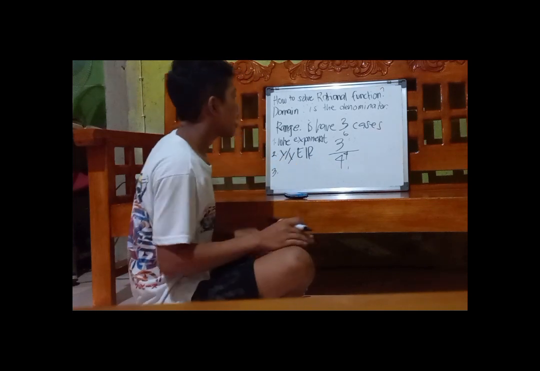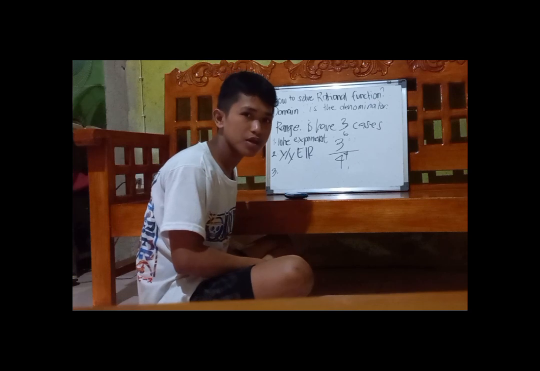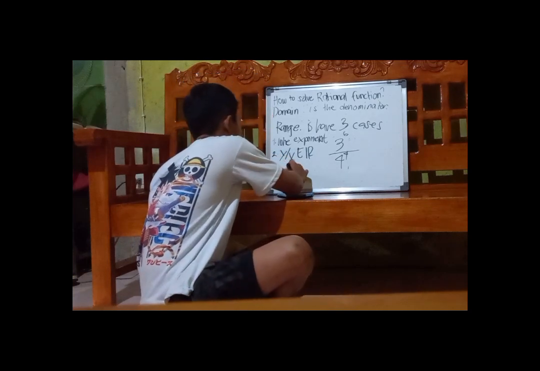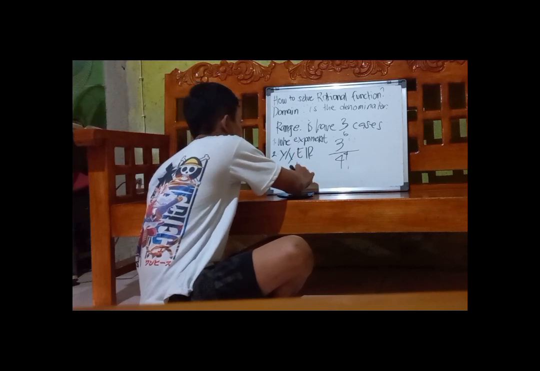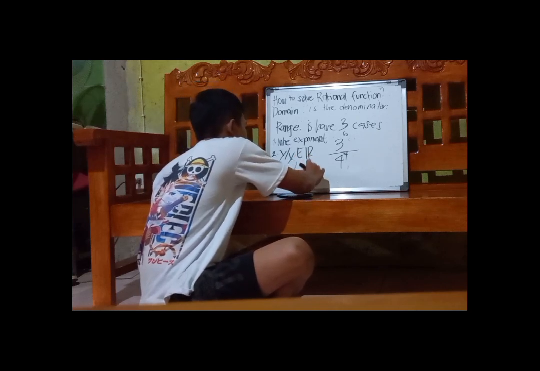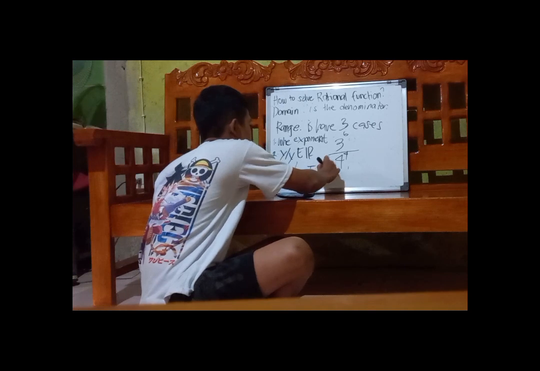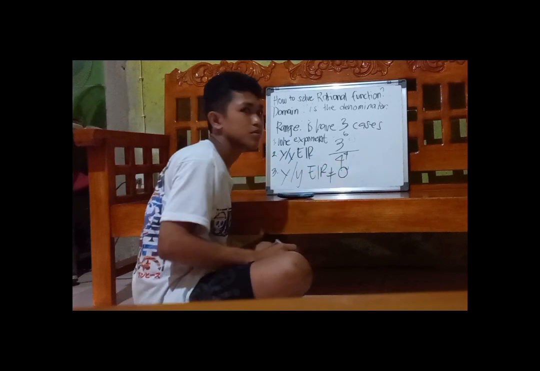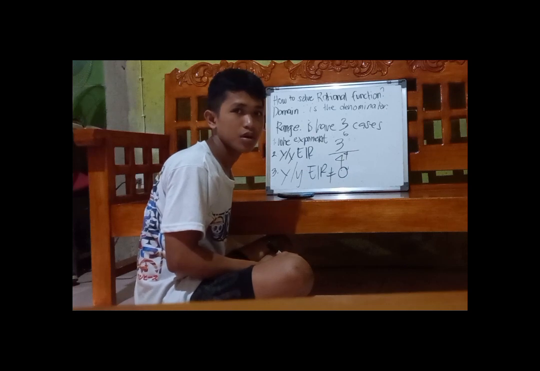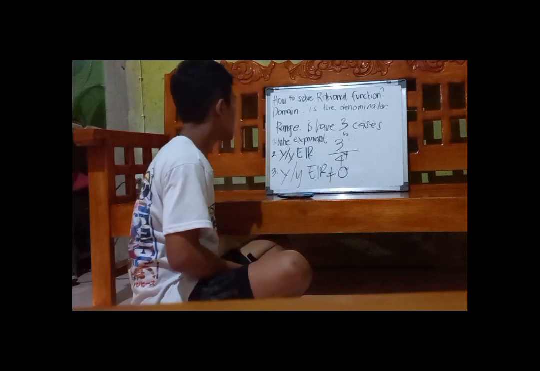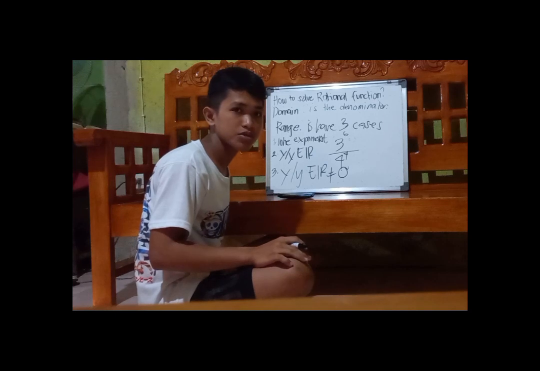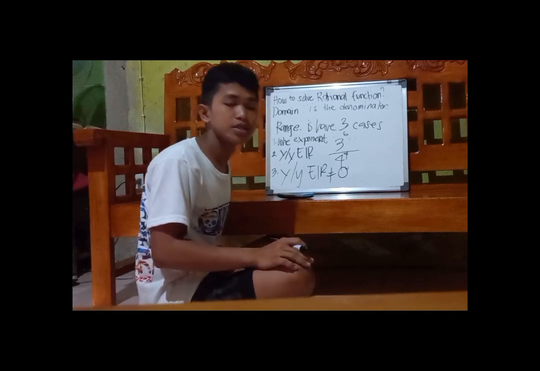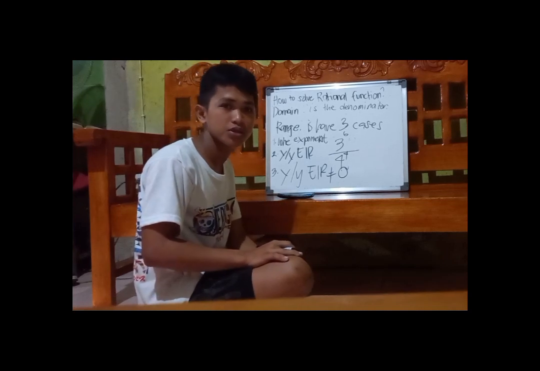If you see a problem like that in a rational function, you must write y such that y is an element of the real numbers, not equal to 0. And that is how you find the domain and range. And that is how you solve a rational function.